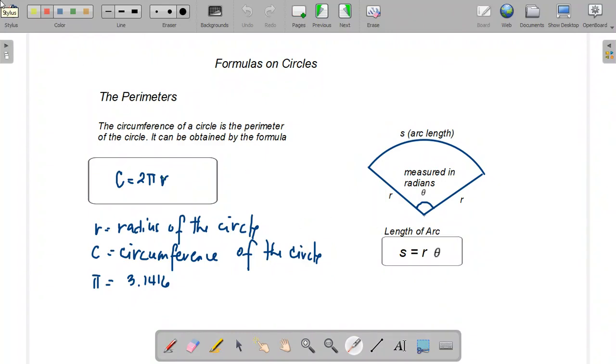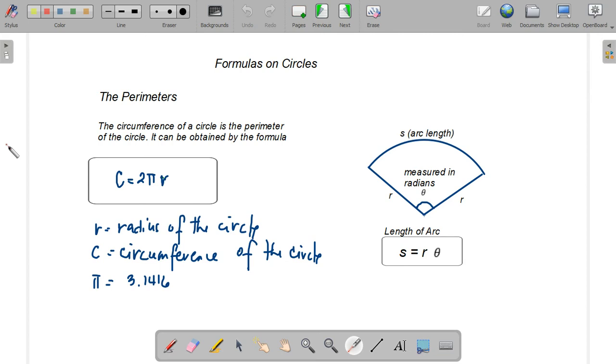Okay, so we are now going to talk about the different formulas involving circles, segments, sectors, and other formulas which are related to circles. Okay, so first let's talk about the perimeters. So the circle has its perimeter.